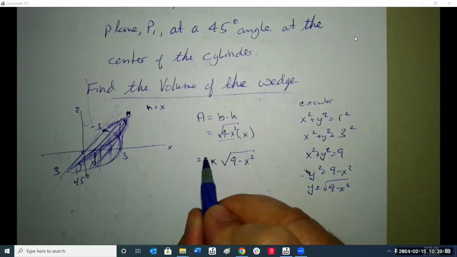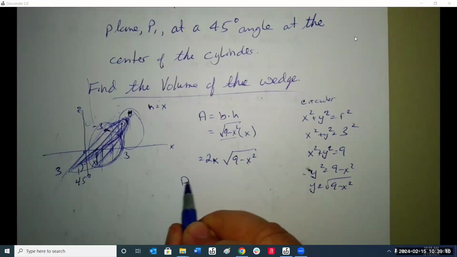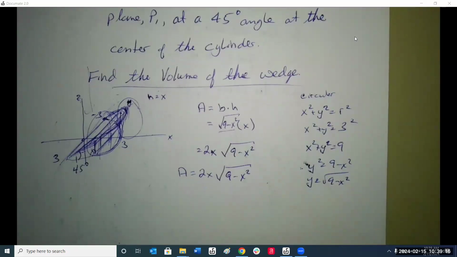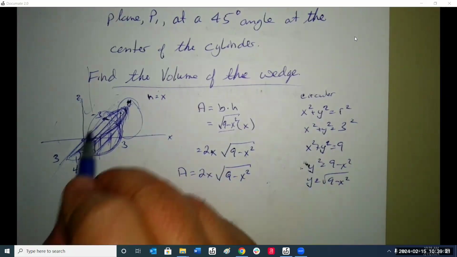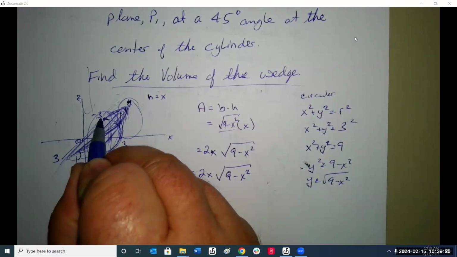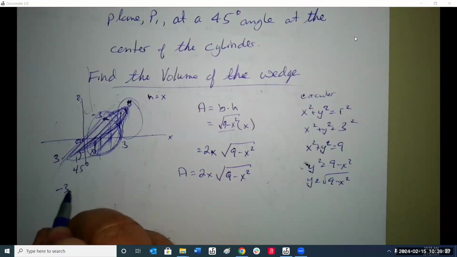And we have two of those, one on this side and one on this side. Because we're going to do our integration from 0 to 3, and we have to go from 0 to -3. We're not going to go from -3 to 3.